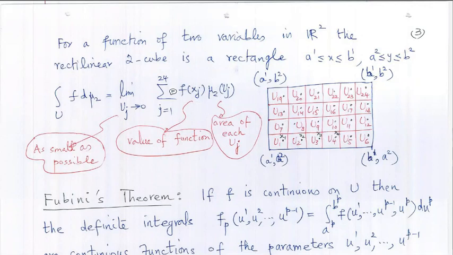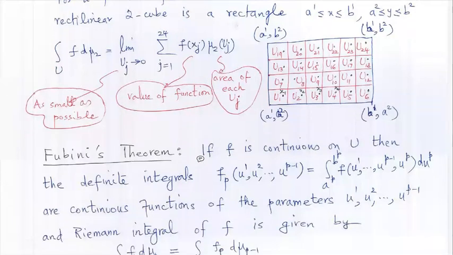We find the value of the function at all these points, multiply these values with the area of the respective 2-cube, and when we sum them up, we get the volume under the surface, and this will be represented by the integration. So here you can understand that once again we have used the concept of Riemann integration to integrate a function of two variables, and similarly we can use this concept to find the integration of a function of p variables.